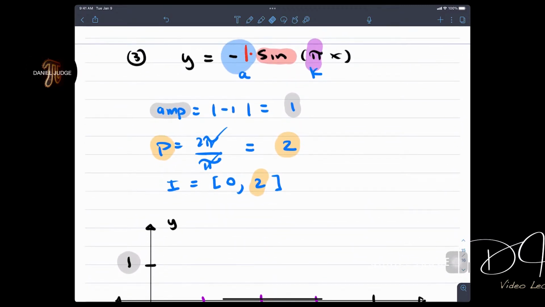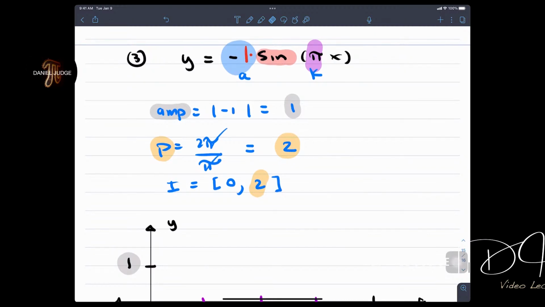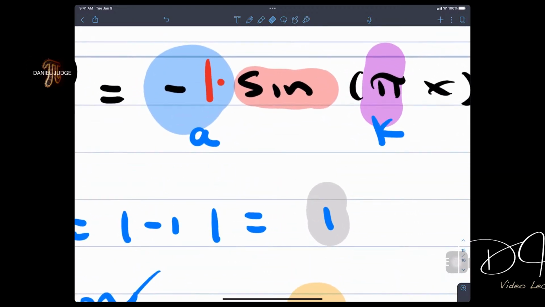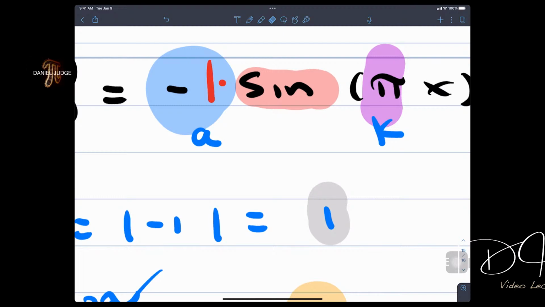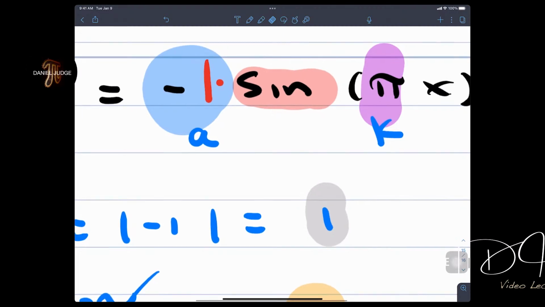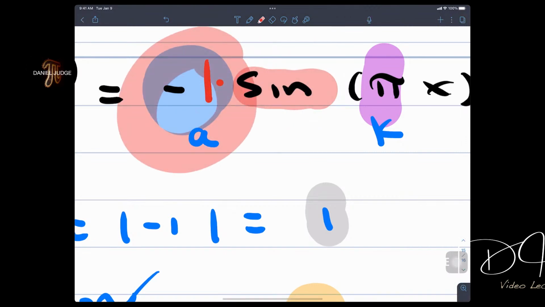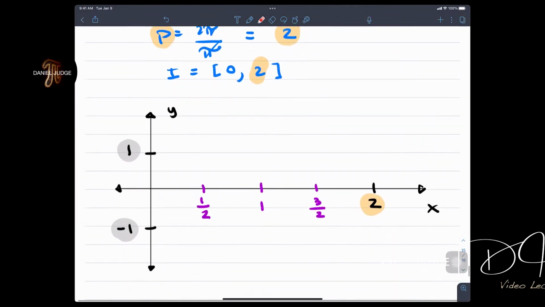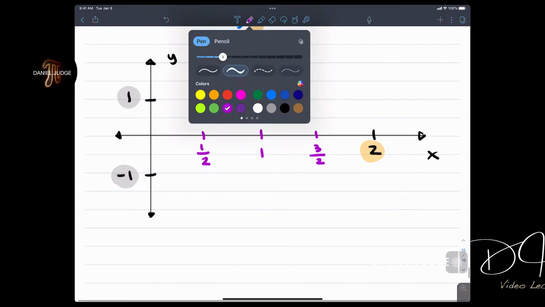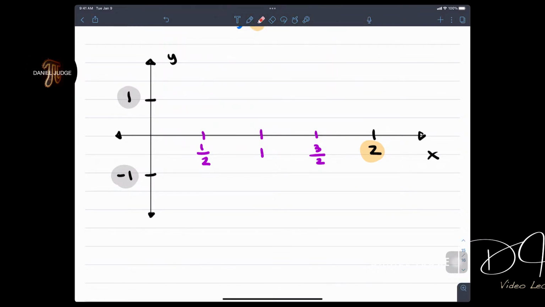So we're now going to graph sine, ladies and gentlemen, but be very careful. It's reflected about the x-axis because you have this -1 sign here. So here we go. I'm going to draw that ghost curve here. Look at this for sine. But that's not the answer.